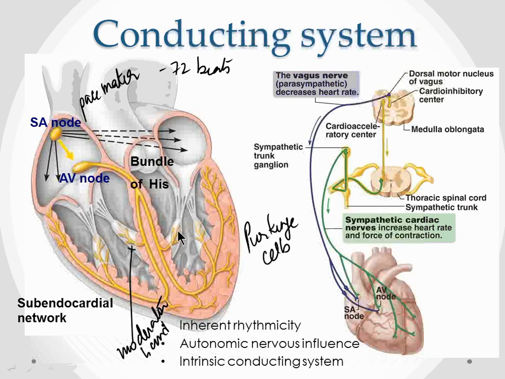So the conducting tissue goes directly into the papillary muscle, making sure that the atrioventricular opening is closed before the rest of the ventricle contracts. On the right side, you need this moderator band so that the conducting tissue and impulses can pass to the papillary muscle, closing the valve before the ventricle contracts. Otherwise, what will happen? Blood will go back into the atria. So that's the purpose of the moderator band.